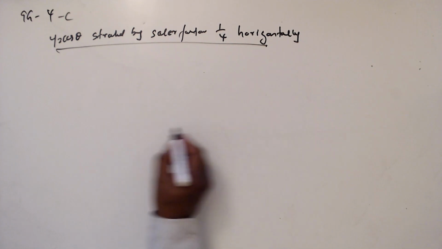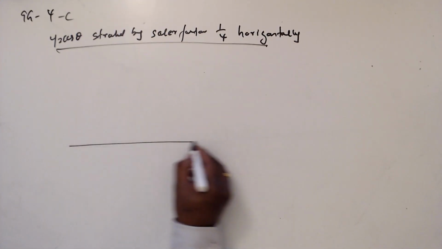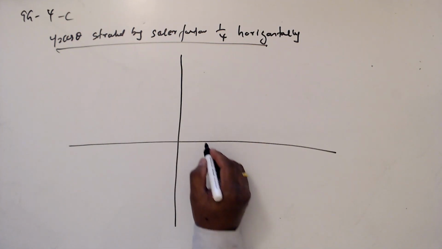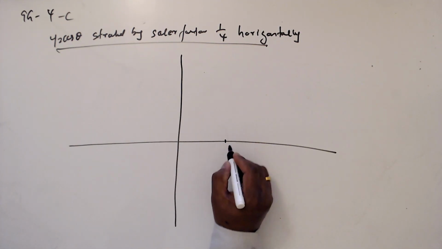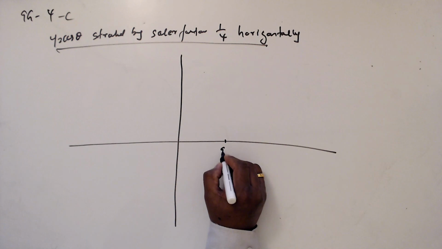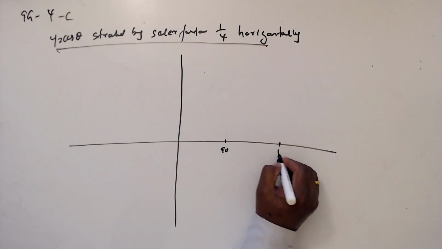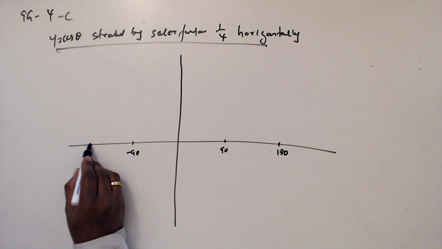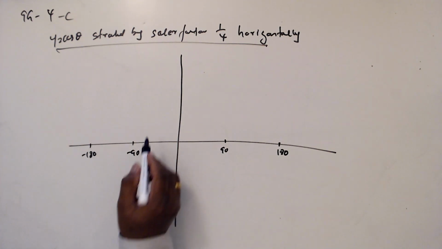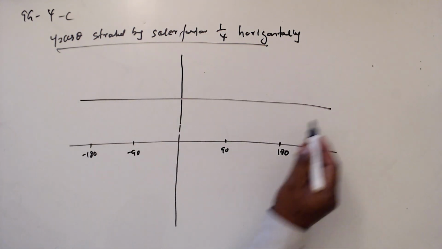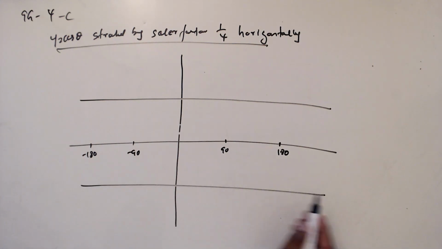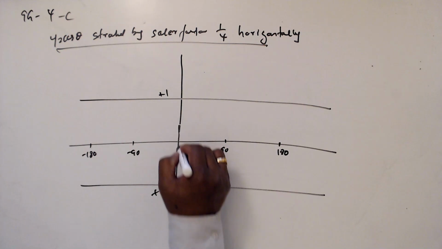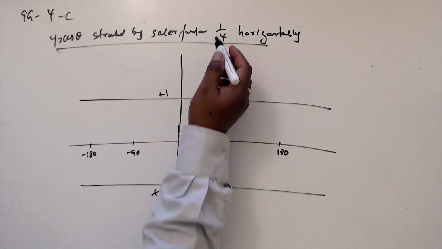We will draw the graph now. This is 90, 180, minus 90, minus 180. This is plus 1 and this is minus 1. Now this interval I am going to break into 4.